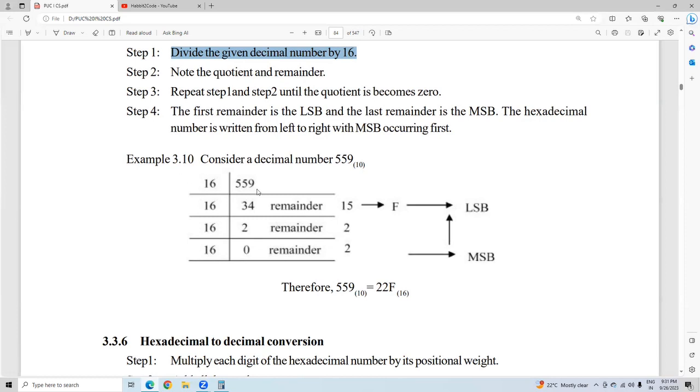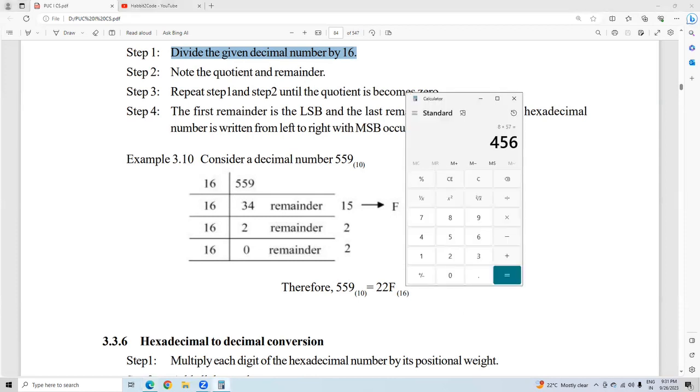So 559 is there. 559 divided by 16. In the calculator you can see 16 multiplied by 34 means 544. 559 minus 544 means 15 is the remainder, right?